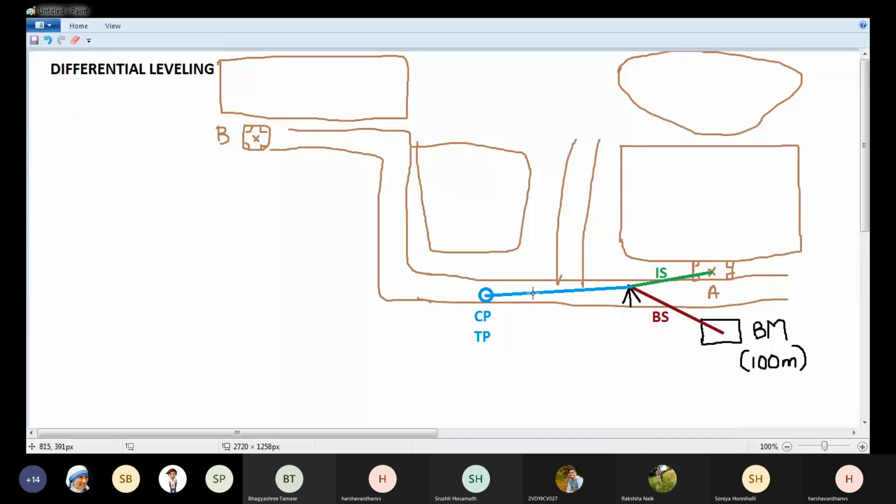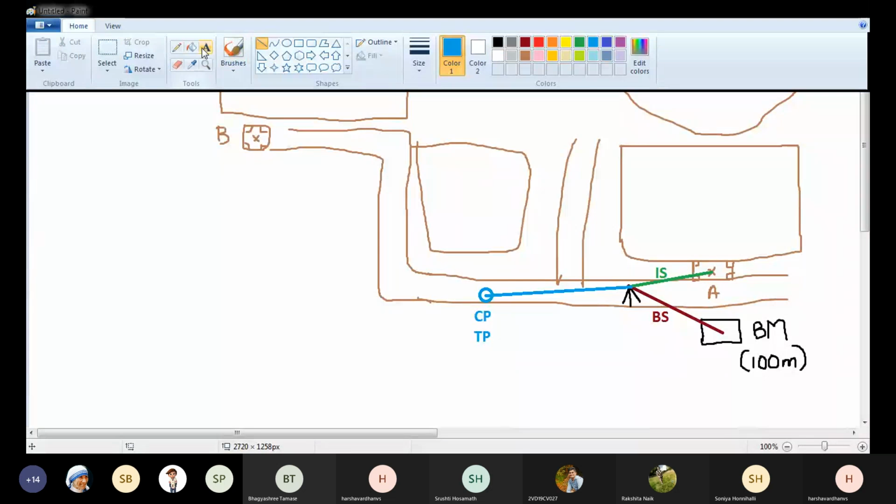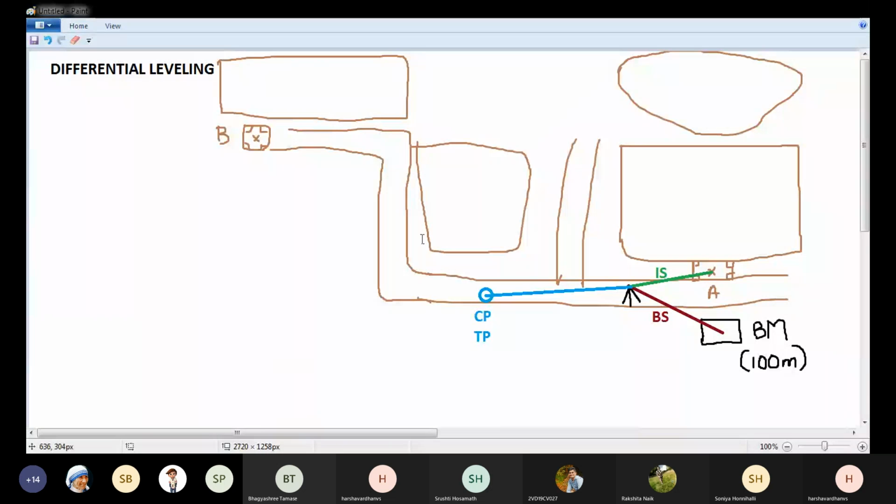So this is the final staff reading from this particular instrument point. This staff reading is taken on a change point whose elevation is unknown, and after taking this reading, I'll be shifting the instrument to another point. So this staff reading is called as foresight.